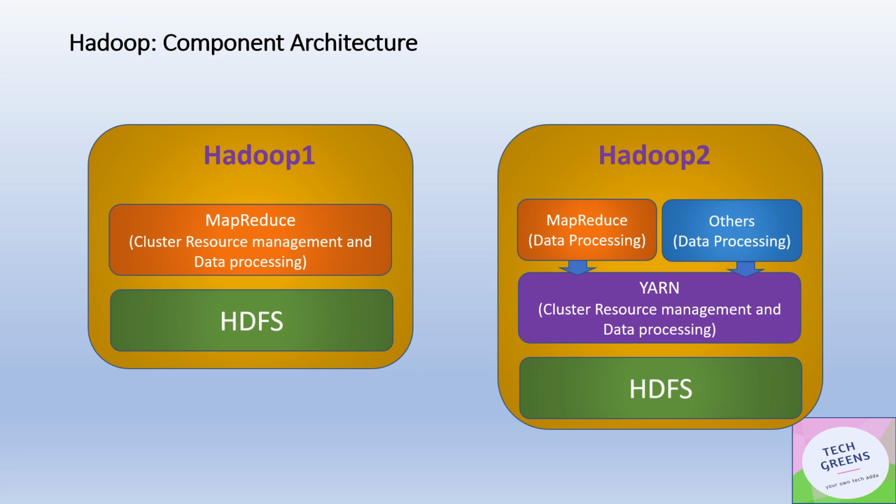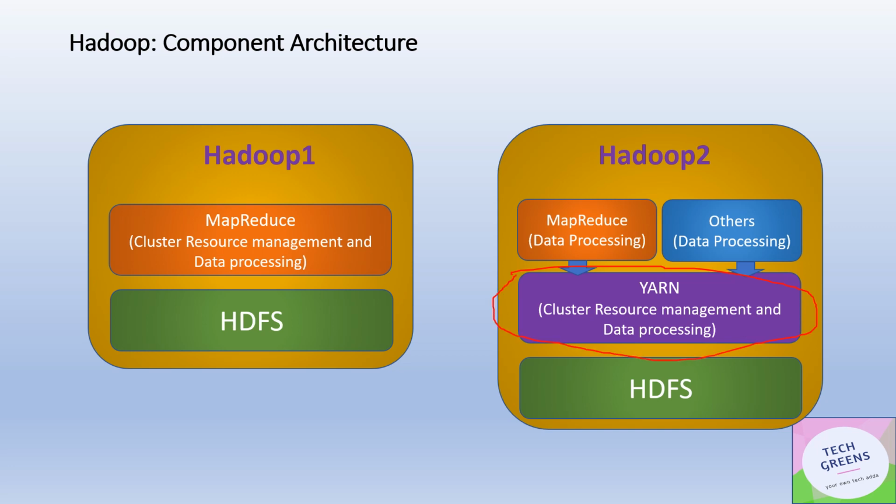If you see Hadoop 1, it has one HDFS layer, which is the Hadoop distributed file system. On top of that, it has a MapReduce layer, which is the programming paradigm provided by Hadoop to do the distributed data processing. And MapReduce in Hadoop 1 used to do the cluster resource management and data processing both. However, in Hadoop 2, there is a new layer introduced, which is YARN.